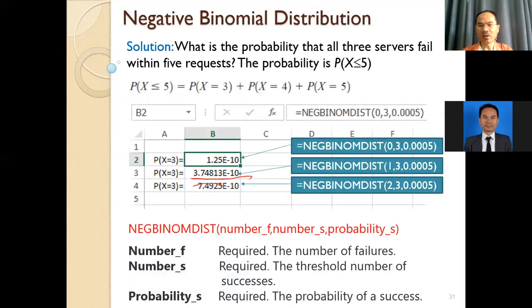For this case, you can also call the function in Excel. You use NEGBINOM.DIST, the negative binomial distribution. The first argument is the number of requests, which means the number of X. The next is the threshold of successes, and the last one is the probability.